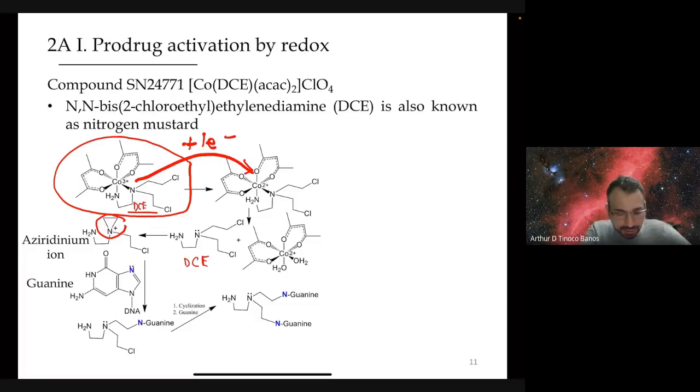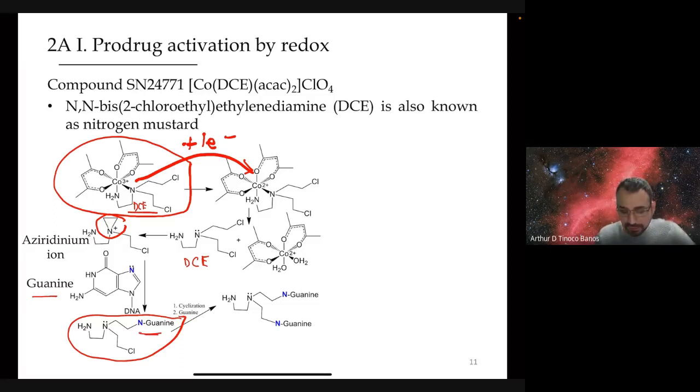So you have this aziridinium ion that forms. When that forms, that particular unit is very reactive, and it has the capability of reacting with a guanine nitrogen, and what it can form is an adduct to the guanine. So here's just a visual of an adduct formation via that activated nitrogen group. So you have this type of adduct that can potentially form.